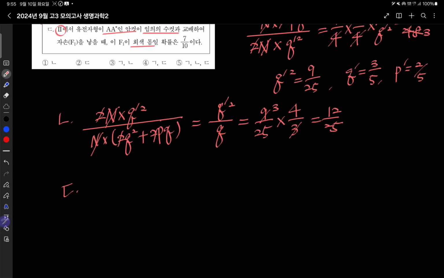So for the male, there are 3 genotypes. And in population 2, each frequency is, for the A homozygote, 4 over 25. For the heterozygote, 12 over 25. And for the A asterisk homozygote, 9 over 25.